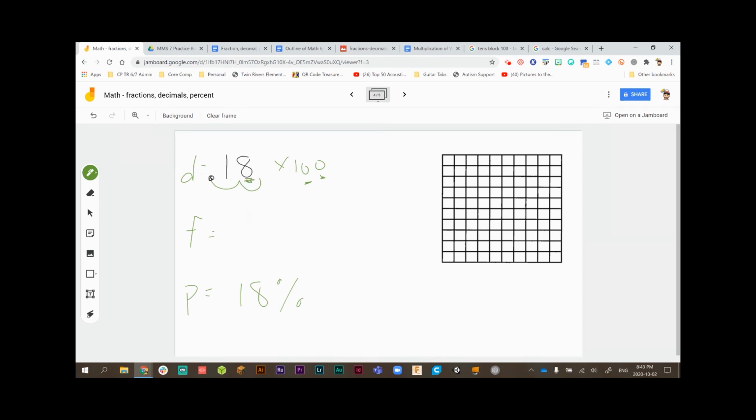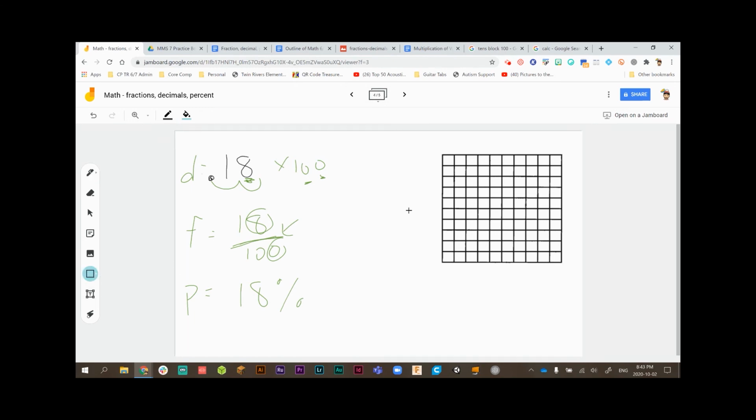So that's 18 over 100. Now, we do need to get this one in simplest form. Just looking at this right now, we've talked about divisibility. This number is even, and that ends in an even, so it looks like a 2 could probably go in there to get something in simplest form.